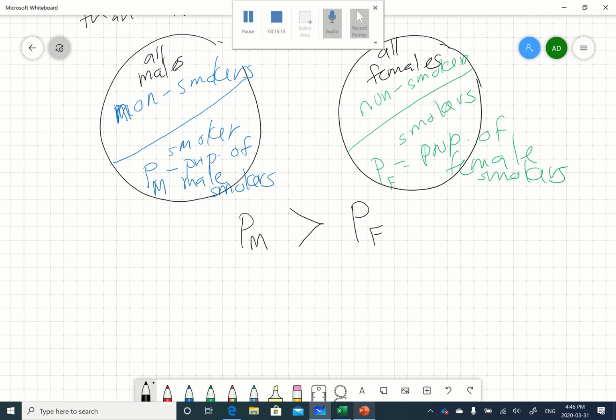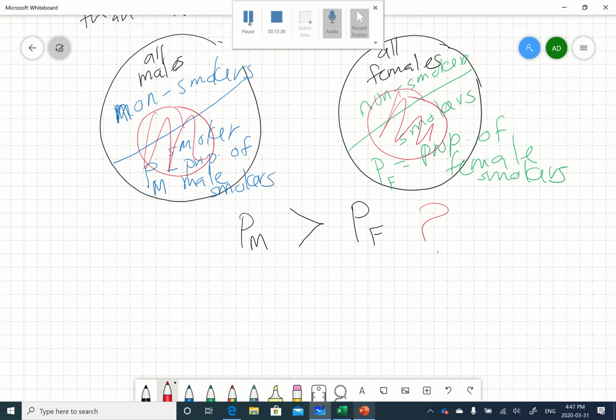So that's why we are going to run a hypothesis test, gather samples from both, study the samples, and then run the test to say whether this is a true claim or an invalid statement.